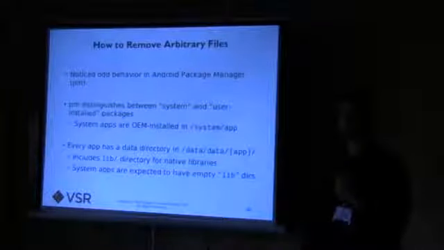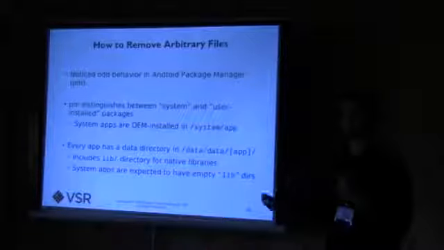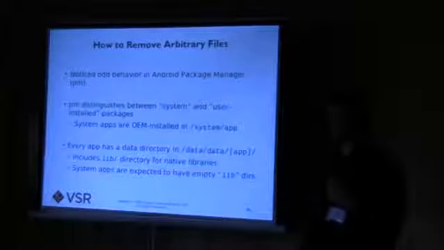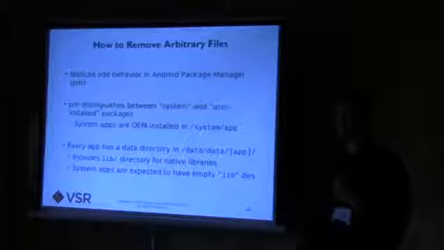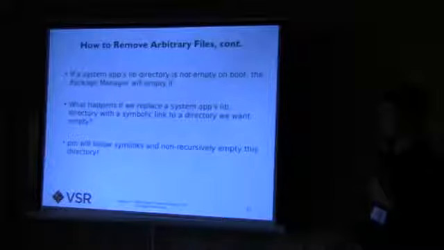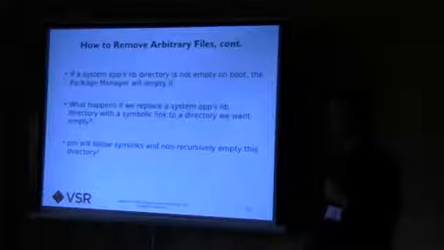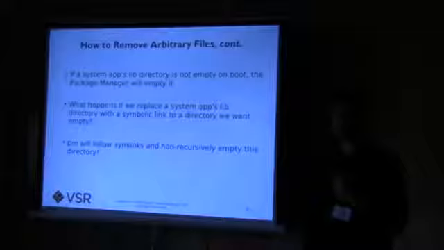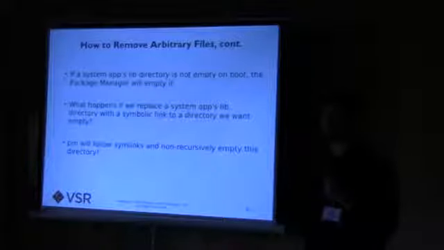And inside here is a lib directory that is designed to have native libraries if your application has any. But system applications are expected to have an empty lib directory because all of their libraries are supposed to be on the system partition. And the package manager actually empties a system app's lib directory on boot if it's not empty.